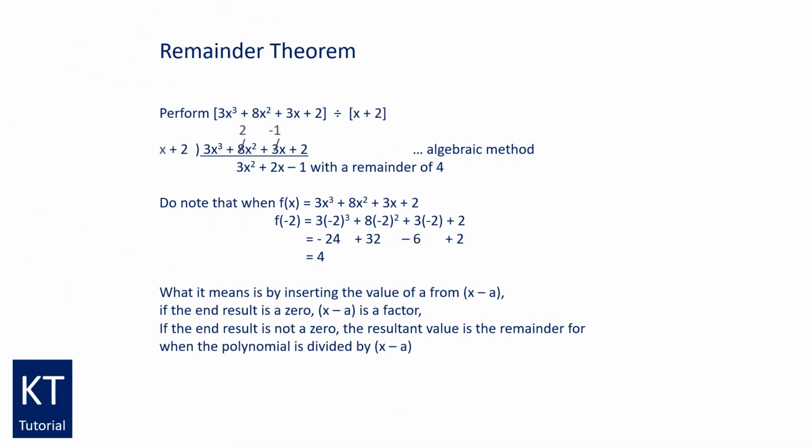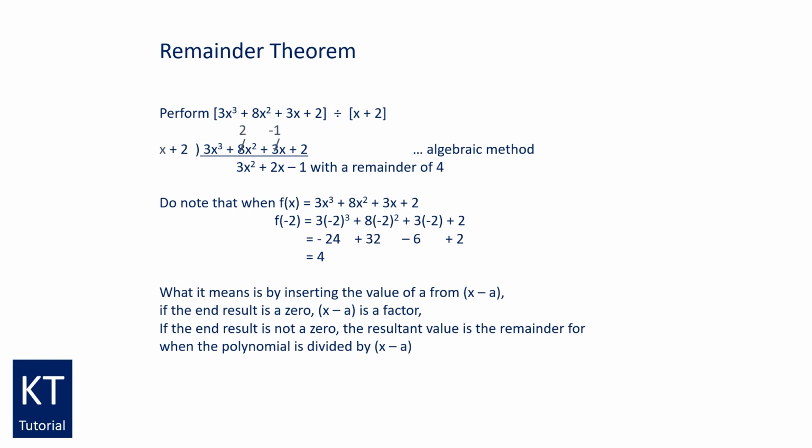Next, we'll talk about the remainder theorem. As an example, we shall perform a division of the cubic polynomial by x plus 2. This leads to the solution being a quadratic polynomial with a remainder of 4. Do note that when we were to solve for f(-2), it also leads to 4.